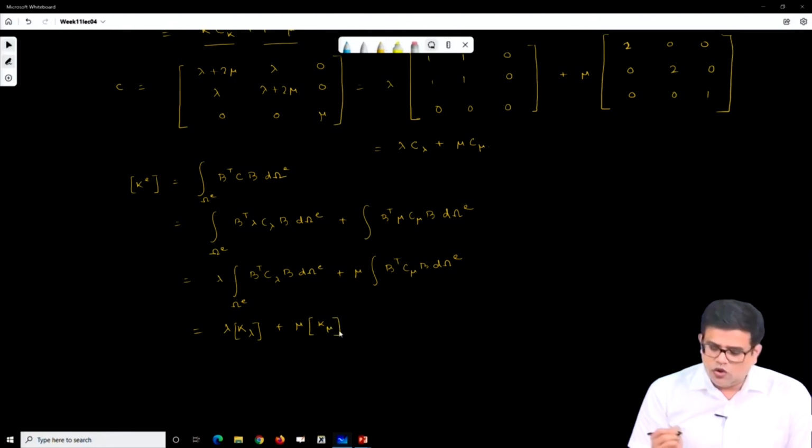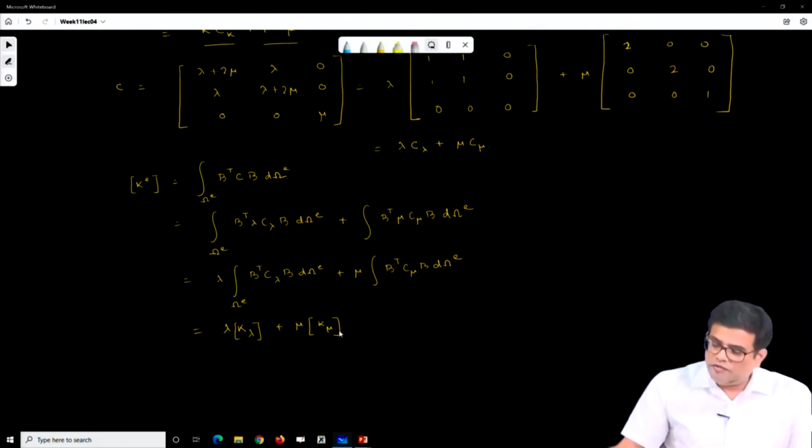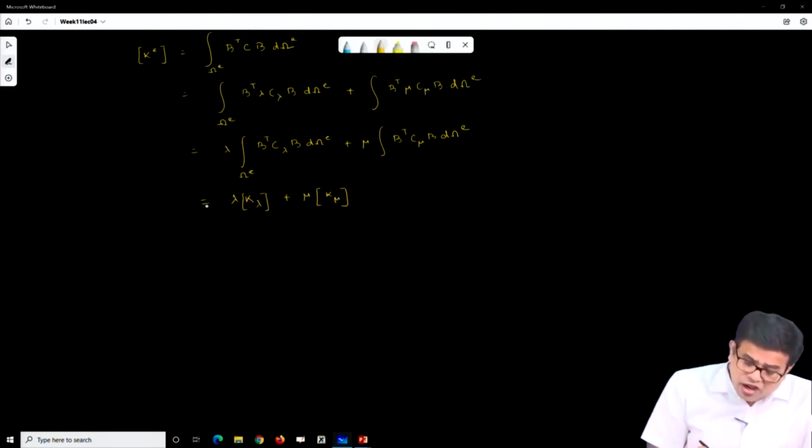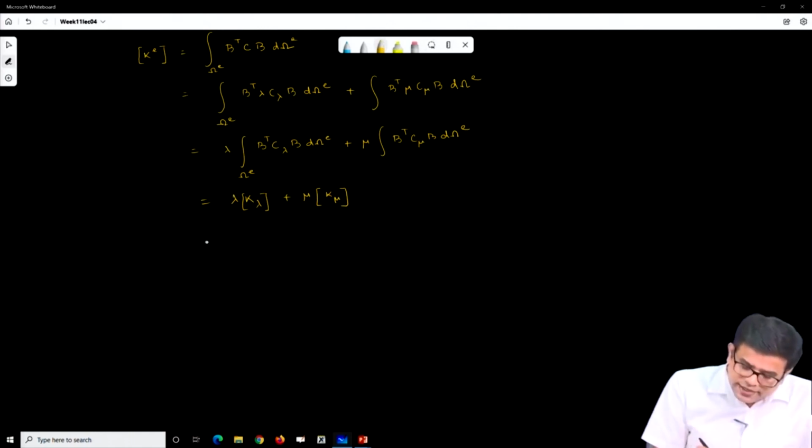Now you see these two stiffness matrices, K lambda and K mu, are independent of material constants. So if I go for the elemental equilibrium equation, that is Ke into the displacement vector Ue equals the force vector Fe.